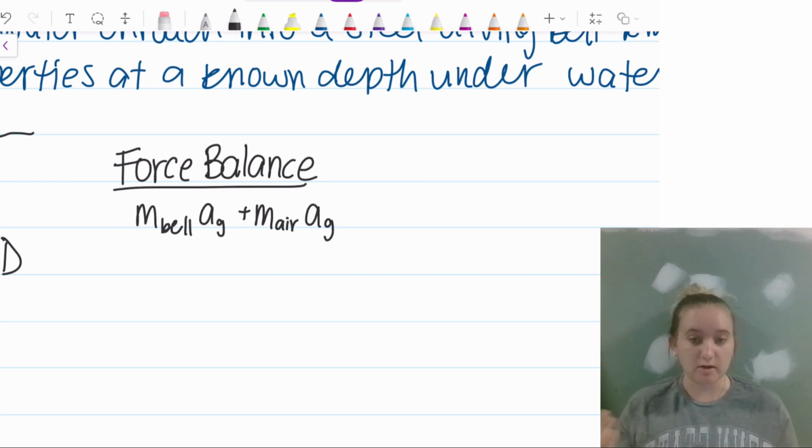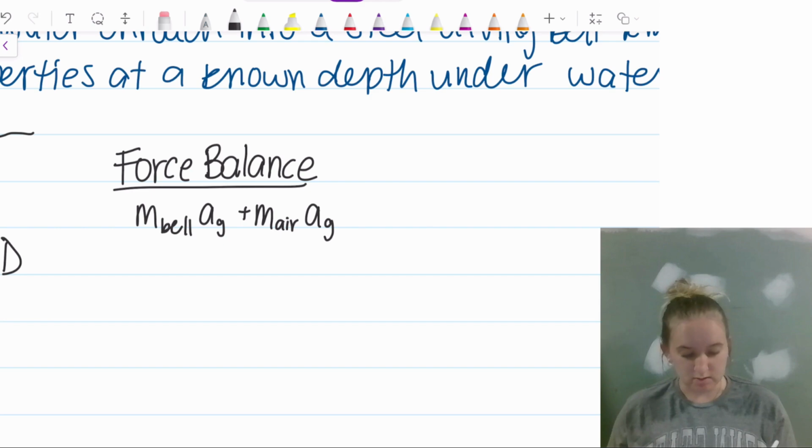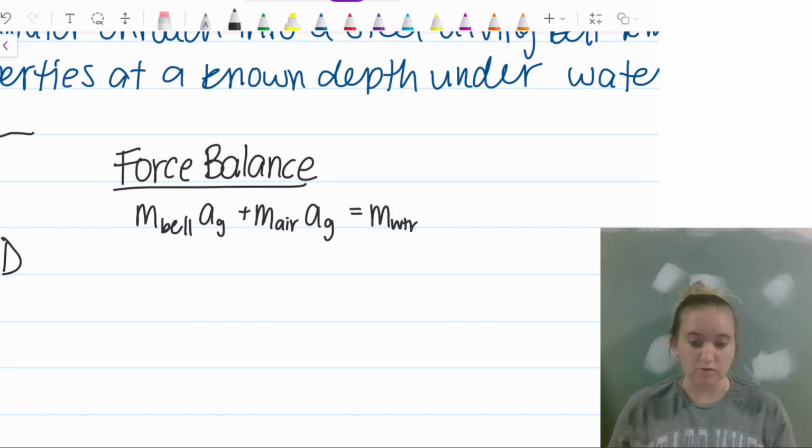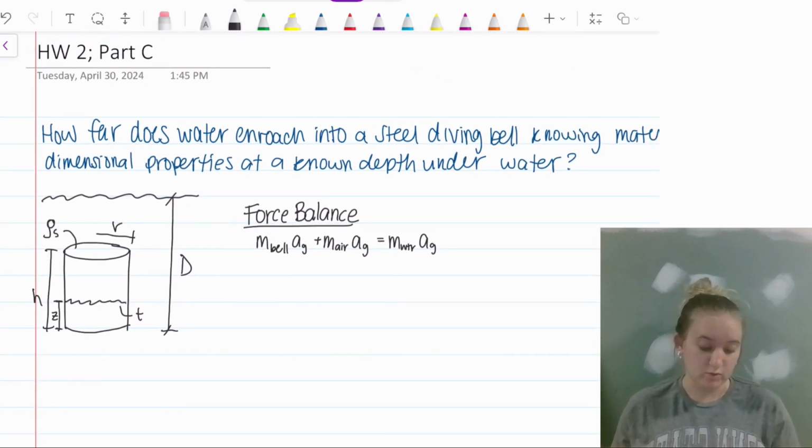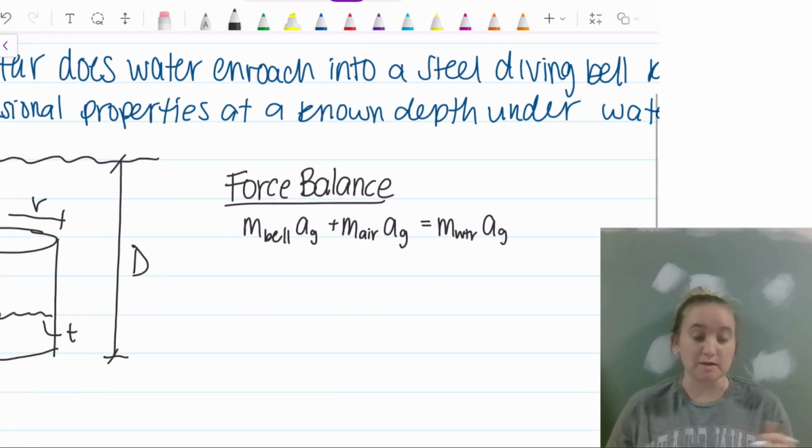So we'll have the mass of the bell times the acceleration due to gravity plus the mass of air, also times the acceleration of gravity. These are pushing the bell up, so it's going to be equivalent to the force of the water, which will be the mass of water times acceleration due to gravity. But we need to take this equation and put it in terms of the variables that we have for our problem. So if we start with the mass, we know that density equals mass over volume, and it's an effective density because the bell is underwater.